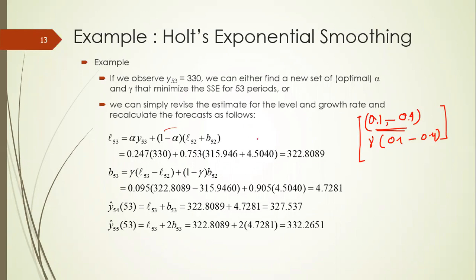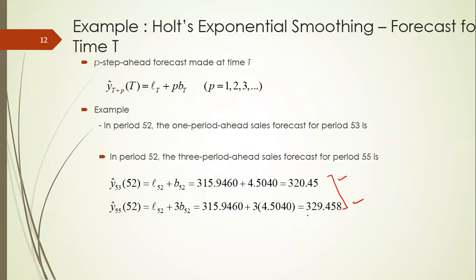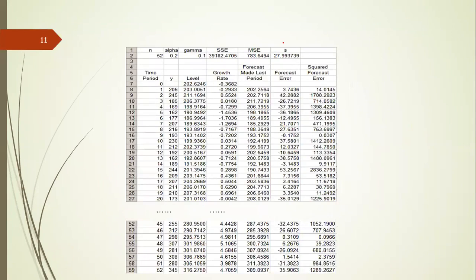But on this slide, the most important point is that when we try to forecast, you might want to keep an eye on this parameter. This is the SSE, and this is the RMSE actually.